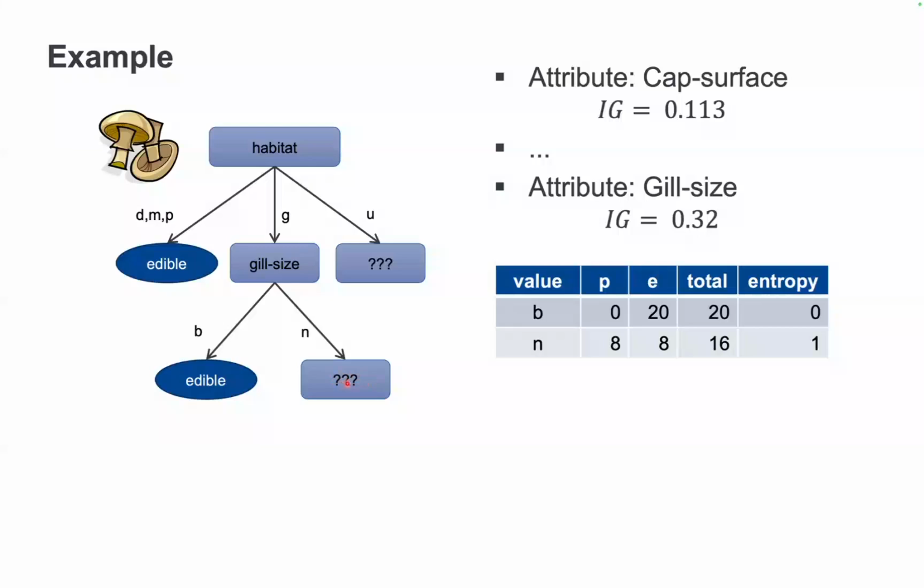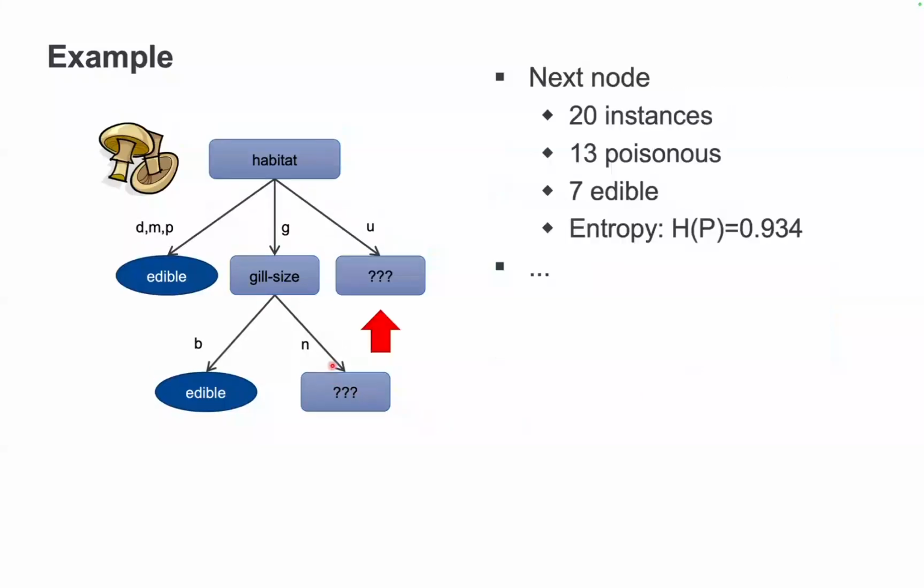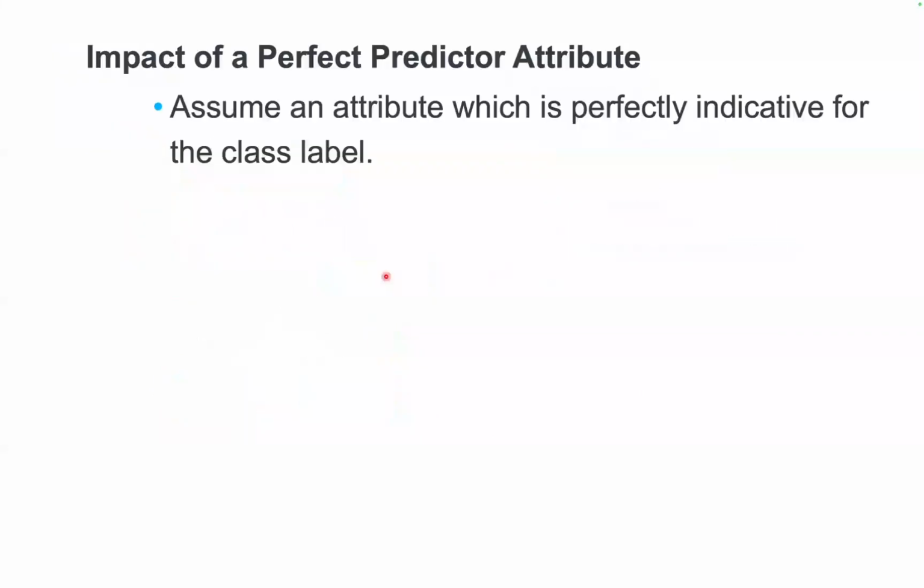But of course, I have to be aware that I only have 16 mushrooms left here. So there's already a small number. And of course, I have then to also look at these other nodes that remain. Okay, so that's how the procedure works to construct this decision tree.